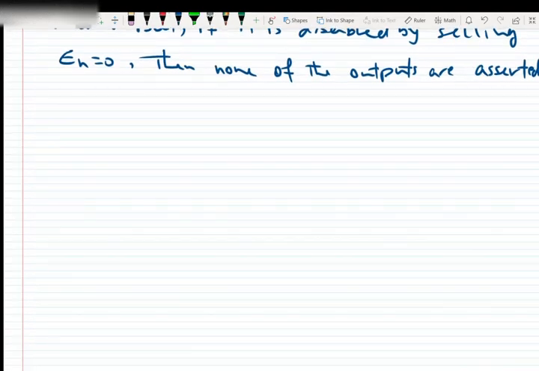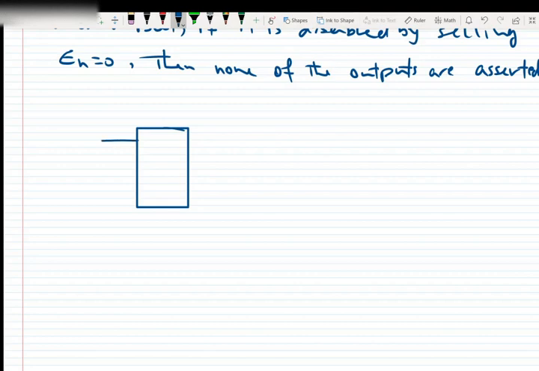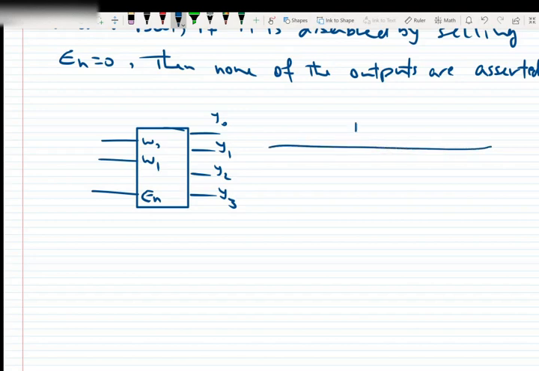So here I want to show a 2x4 decoder with enable input. So these are inputs W0, W1 and input enable, and we have 4 outputs: Y0, Y1, Y2, Y3, and the truth table is here.